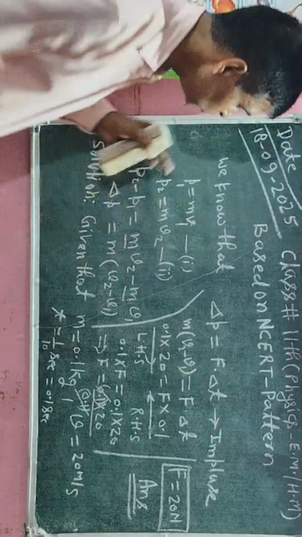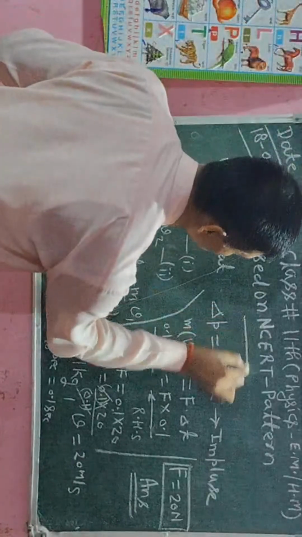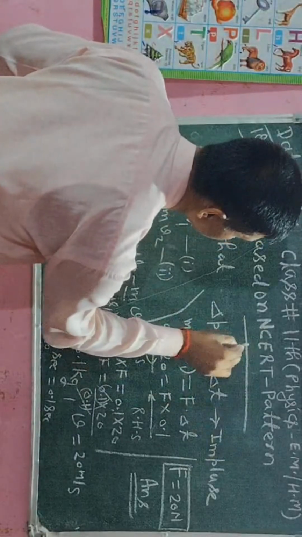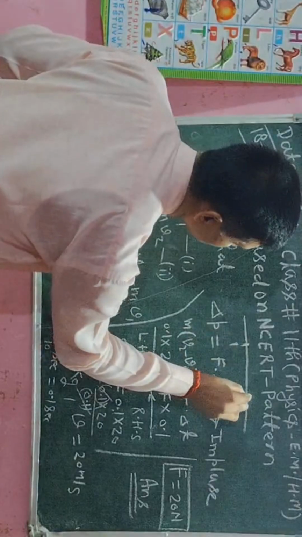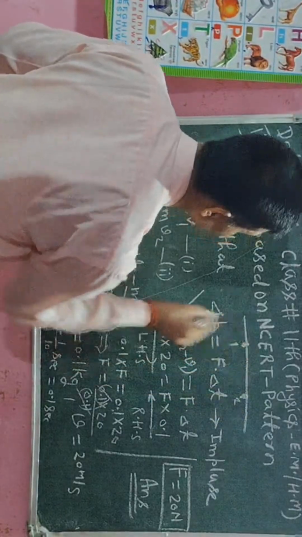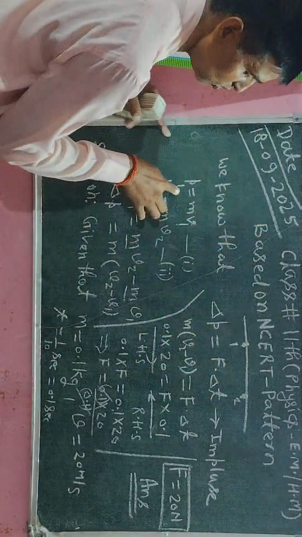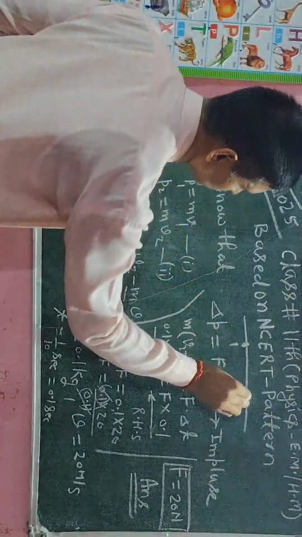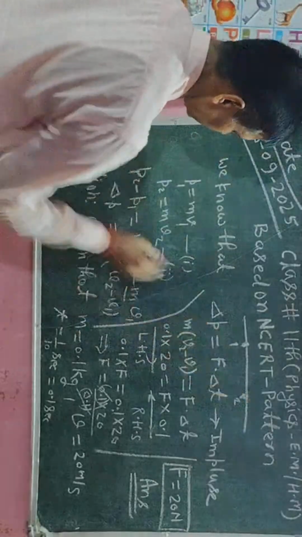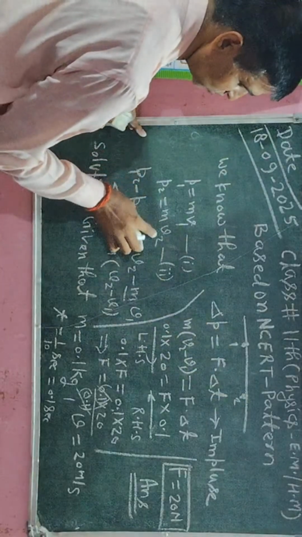If any object is moving from point A to B, here I will say the object is moving from point 1 to point 2. At point 1 the momentum is P1 is equal to m v1, and at point 2 I have written momentum P2 is equal to m v2.